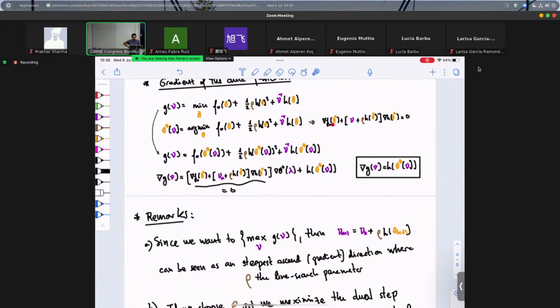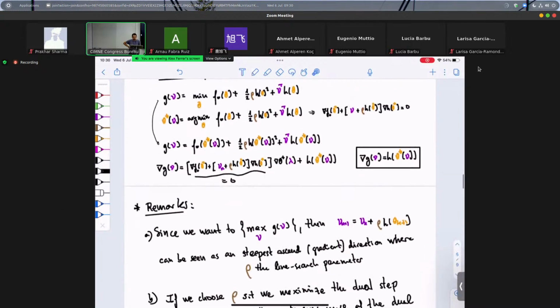Depending on the nu you give me, I will have one theta or another. Then I take the derivative. The derivative of J is the derivative of this times the derivative of theta with respect to nu, plus the derivative of H times the derivative of H with respect to theta and the derivative of theta with respect to nu. And I put lambda, but it's nu.